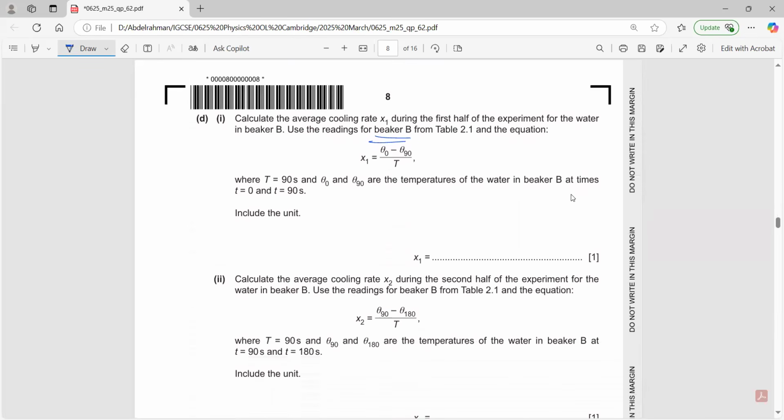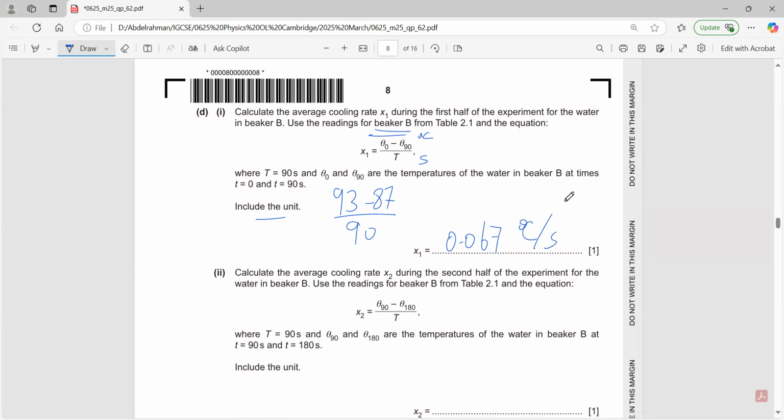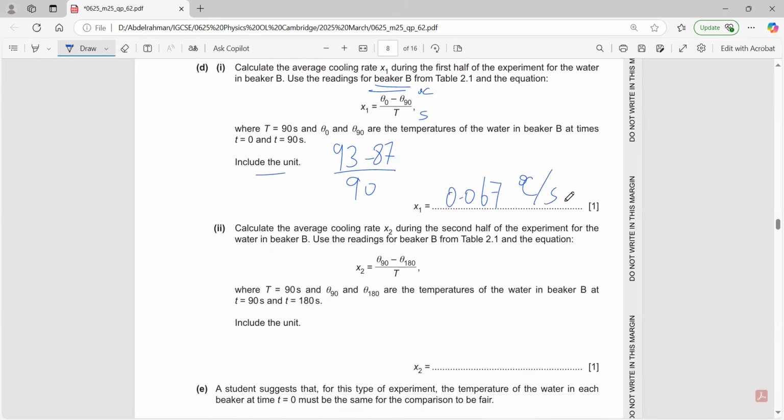So basically 93 minus 87 divided by the time, which is 90, would give you 0.067. Include the unit. This was the temperature, so it's degrees Celsius, and the time was in seconds, so degrees Celsius per second.